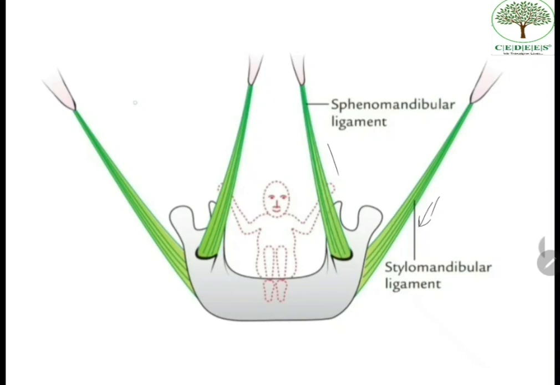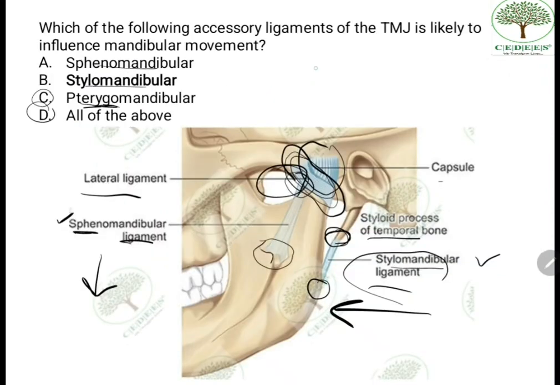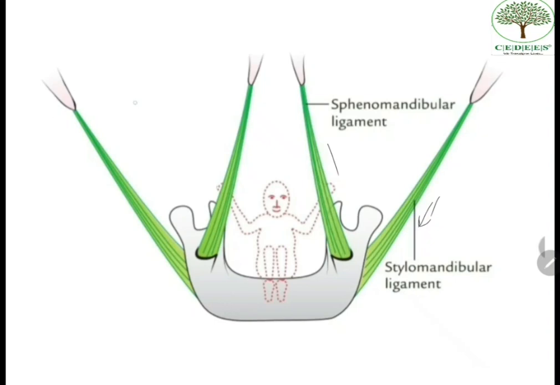So technically speaking, both of them, option A and B, are equally important in influencing mandibular movement, but I will still say that stylomandibular could be slightly more important if you have to answer one, because excessive protrusion of the mandible needs to be kept in check because the lateral pterygoid is a very powerful protruder. So you can answer it as option B, but technically both A and B are important ligaments which influence mandibular movement. So you can appreciate that in this diagram.